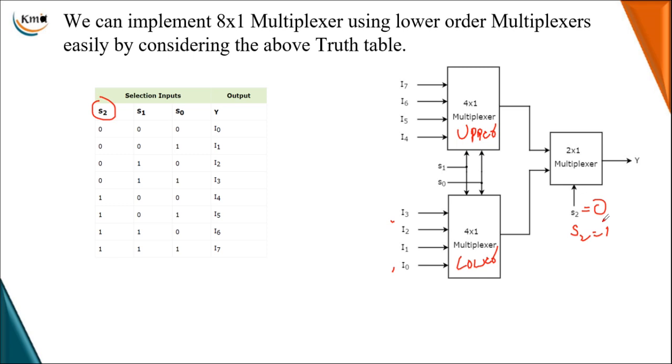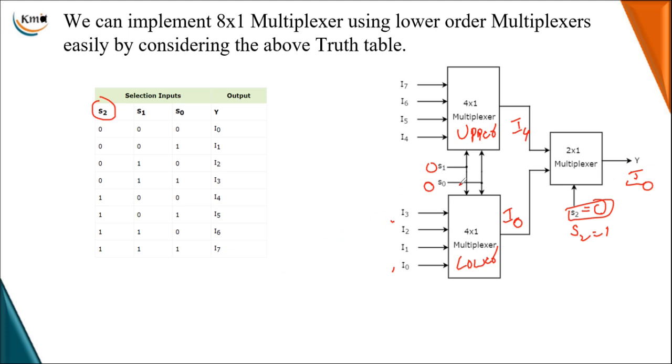If S2 is 0, and S1 and S0 are both zeros, both multiplexers are selected: the upper 4 by 1 multiplexer will transfer I4 and the lower multiplexer will transfer I0. But since S2 is 0, the first input is transferred as the output. So when S2 is 0, I0 is transferred to the single output terminal Y.